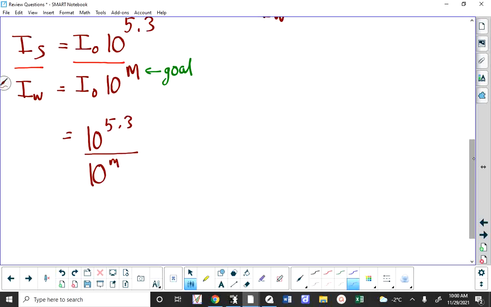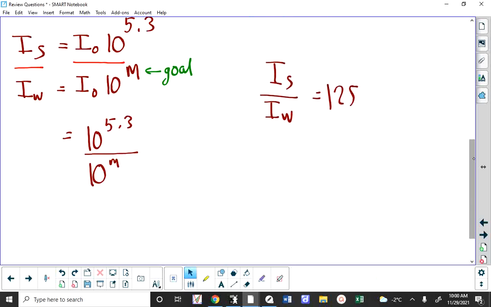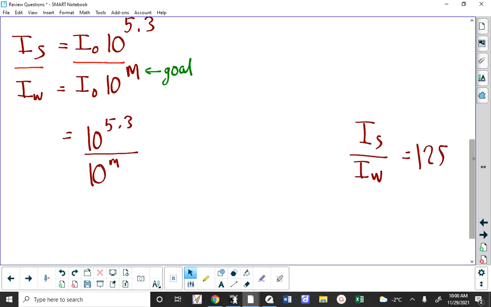Again, Sienna, on the left-hand side, we got IS over IW, but IS over IW is 125. So forgetting about exactly how we're going to accomplish this, there's an equation where all of a sudden everything has disappeared except for m, and we can solve it. There are lots of ways for you to solve this equation.